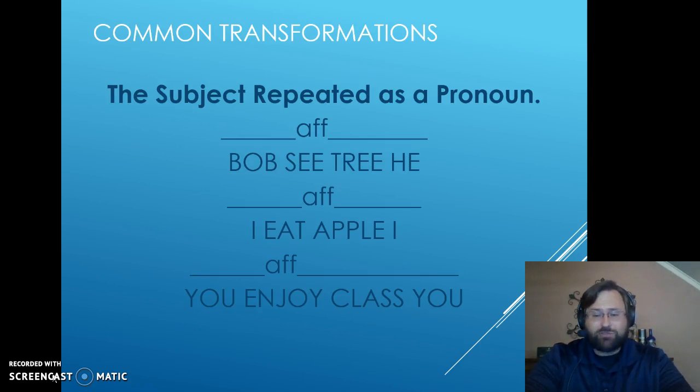The first common transformation that you see in ASL is the repetition of the subject at the end of the sentence as a pronoun. So in the first sentence that we've already discussed, we had that sentence, Bob sees the tree. Well, a common transformation that you'll see is the subject, Bob, repeated again at the end of the sentence.